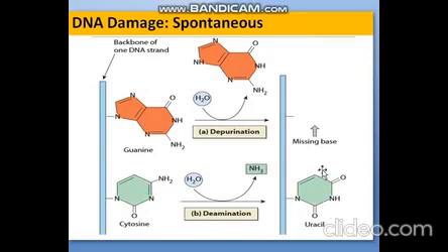We will see why nature has gone for thymine rather than uracil. When uracil is there in the DNA, you know that uracil is not normally present in the DNA. So when uracil is present, it will definitely be corrected, because it is not a normal part of the DNA.